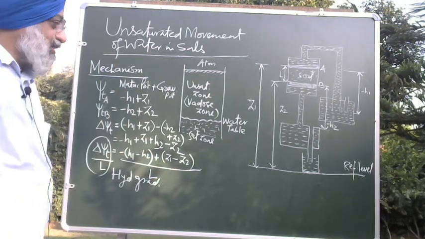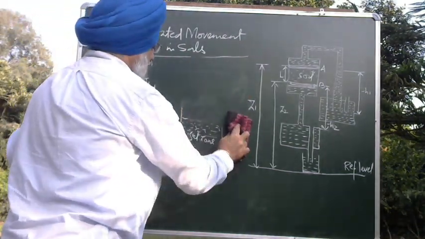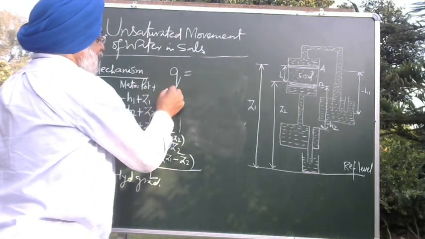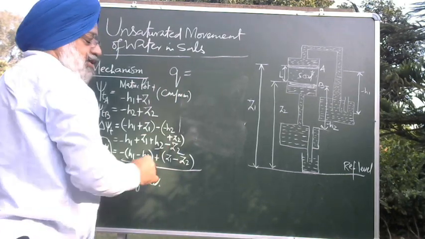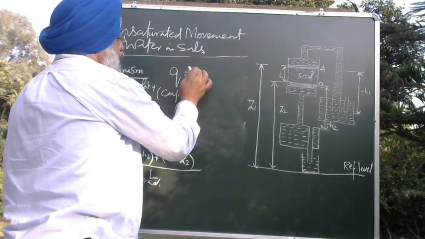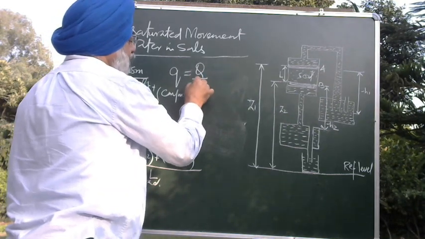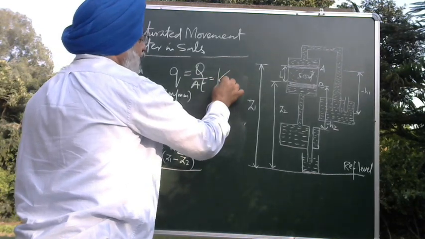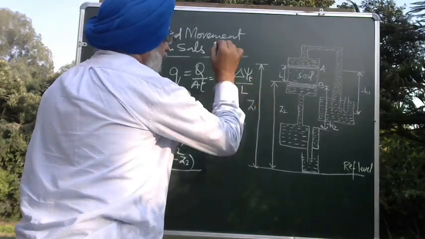And you know Darcy's law, what does Darcy's law say? That the flux, that is centimeters per minute, or you can say the flux is the volume of water per unit cross-section area per unit time, is the product of K and the hydraulic gradient.